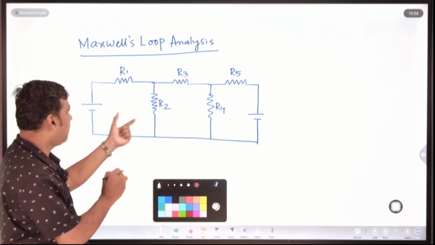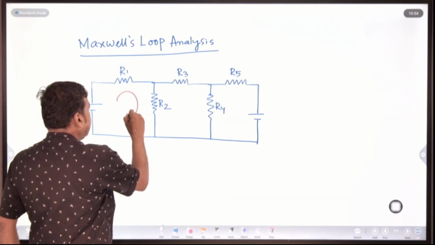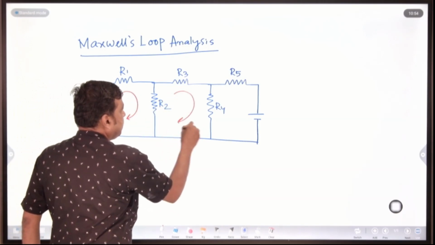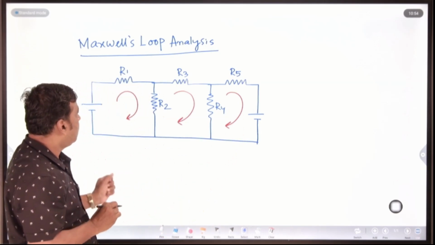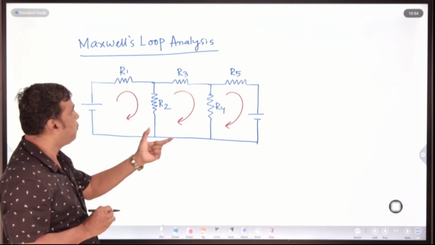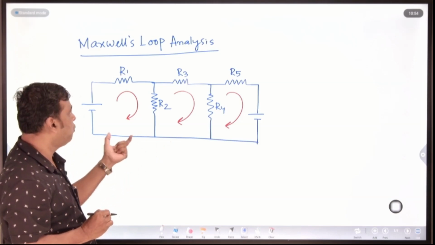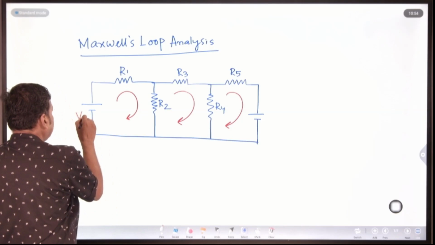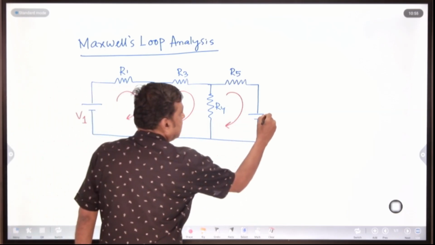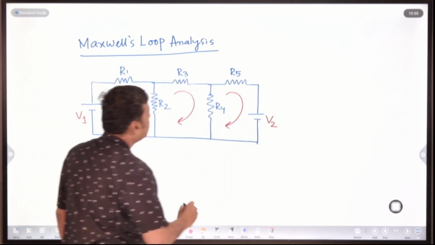This is your loop 1, this is your loop 2, and this is your loop 3. This is a three loop or mesh network. So this is your source V1, and here there is your voltage source V2.